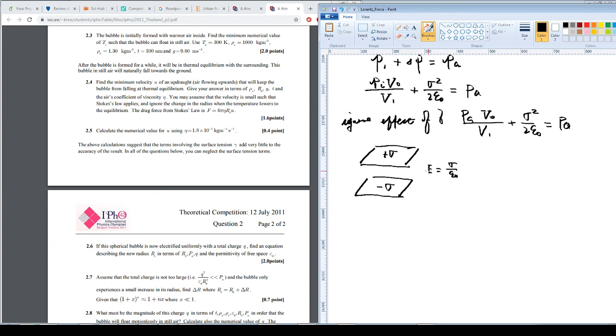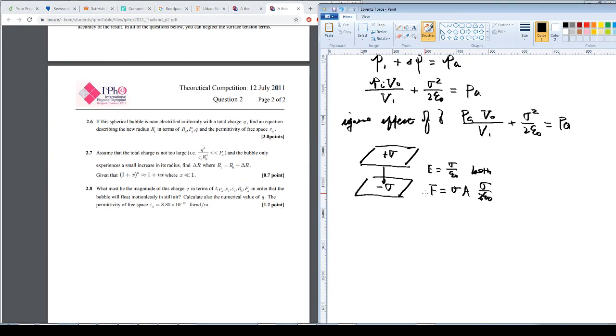By the way, you do not want to say the force is sigma A times sigma over epsilon naught, because that electric field is actually created by both of them. You have to divide E by two. It's really the same spirit.